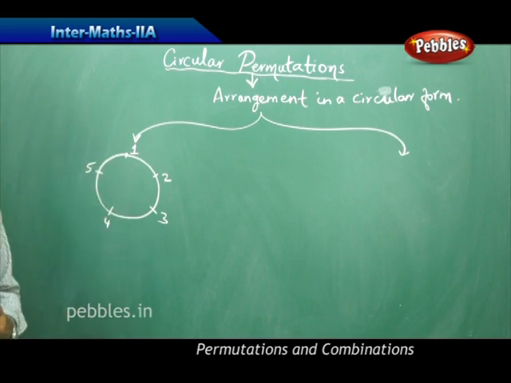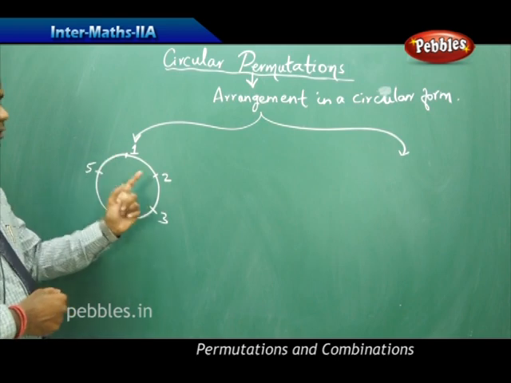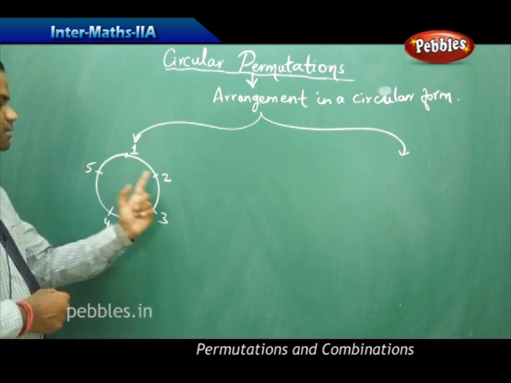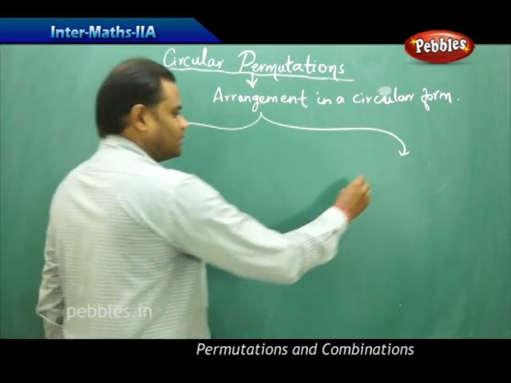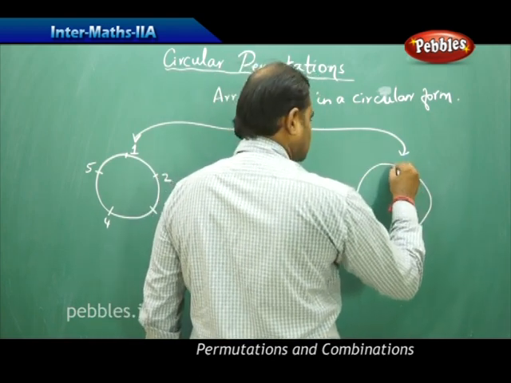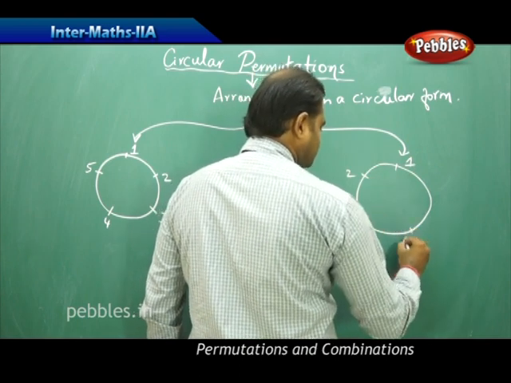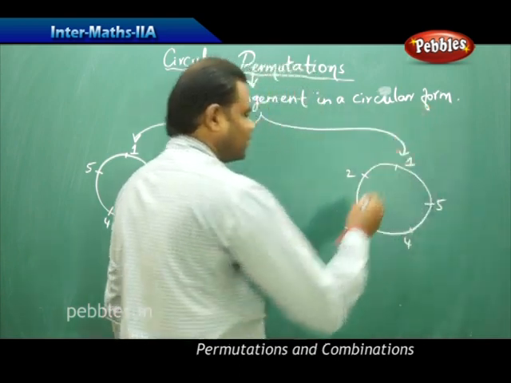If I wanted to arrange 5 members in the circular form, I can either arrange from here to here, or this person can sit here and this person can sit here in such a way that I have the persons sitting in the form 1, 2, 3, 4 and 5.